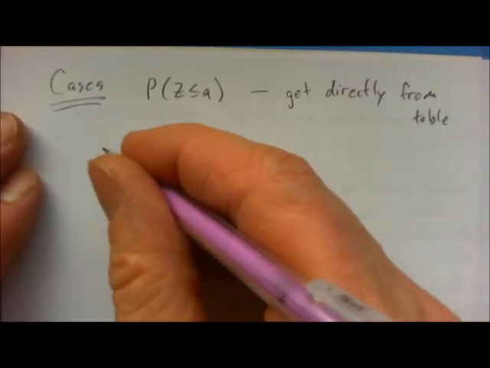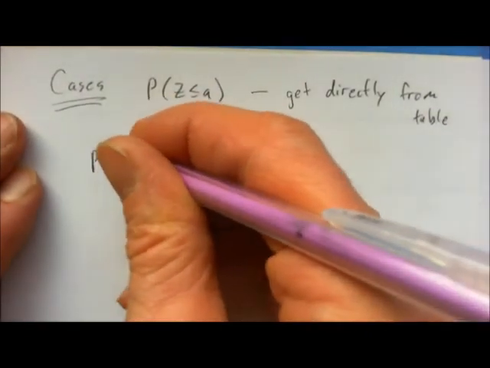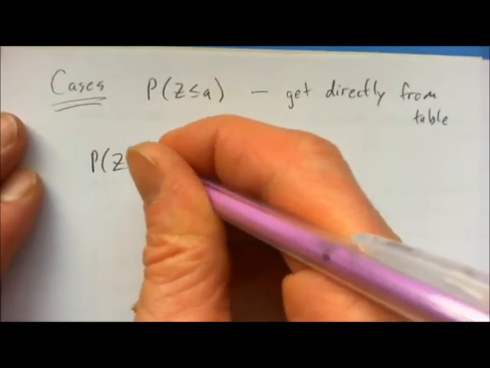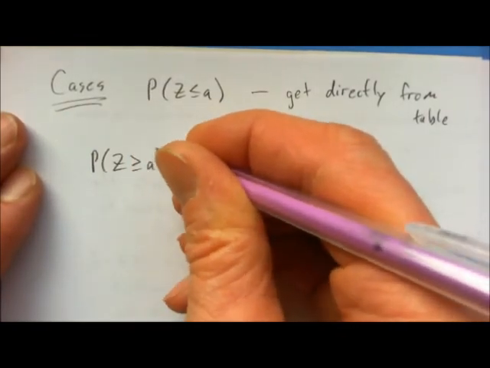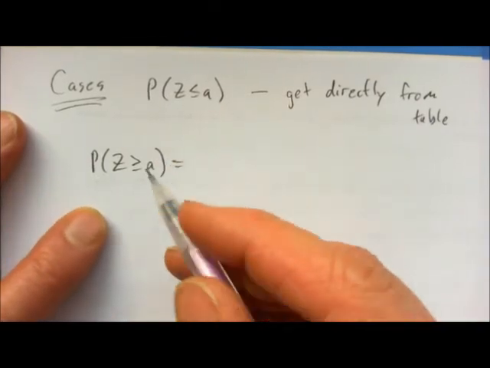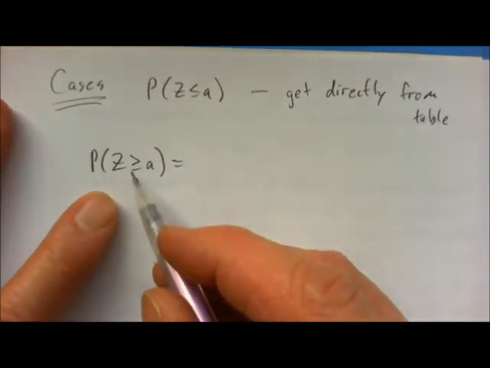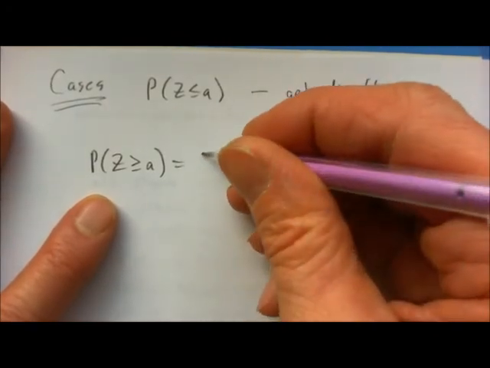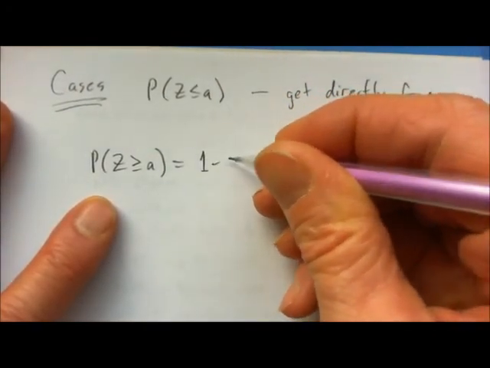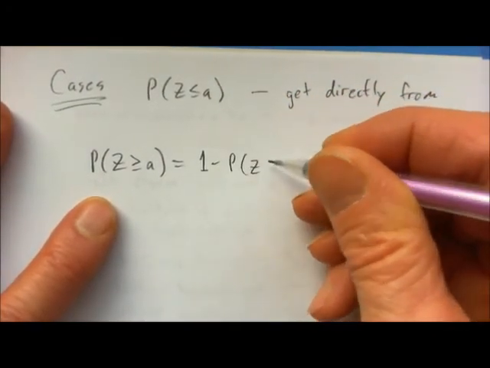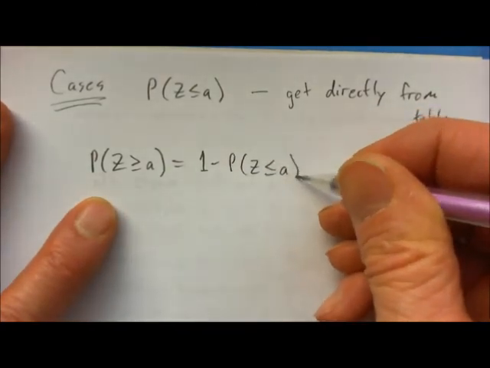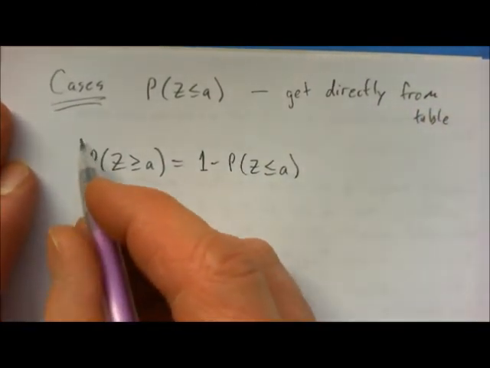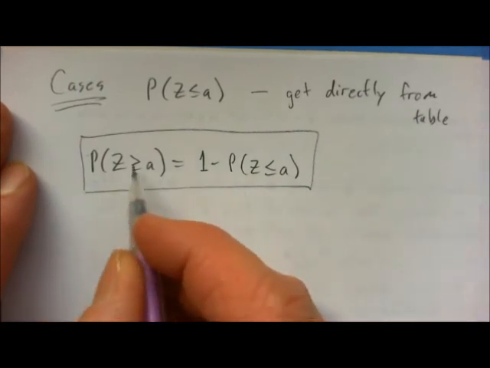The second thing we might want to find is the probability that z is greater than or equal to some a. And remember, this is all the rest of the probability that remains after you take this out. So this is 1 minus the probability that z is less than or equal to a. And so that's our formula for doing this kind of thing.